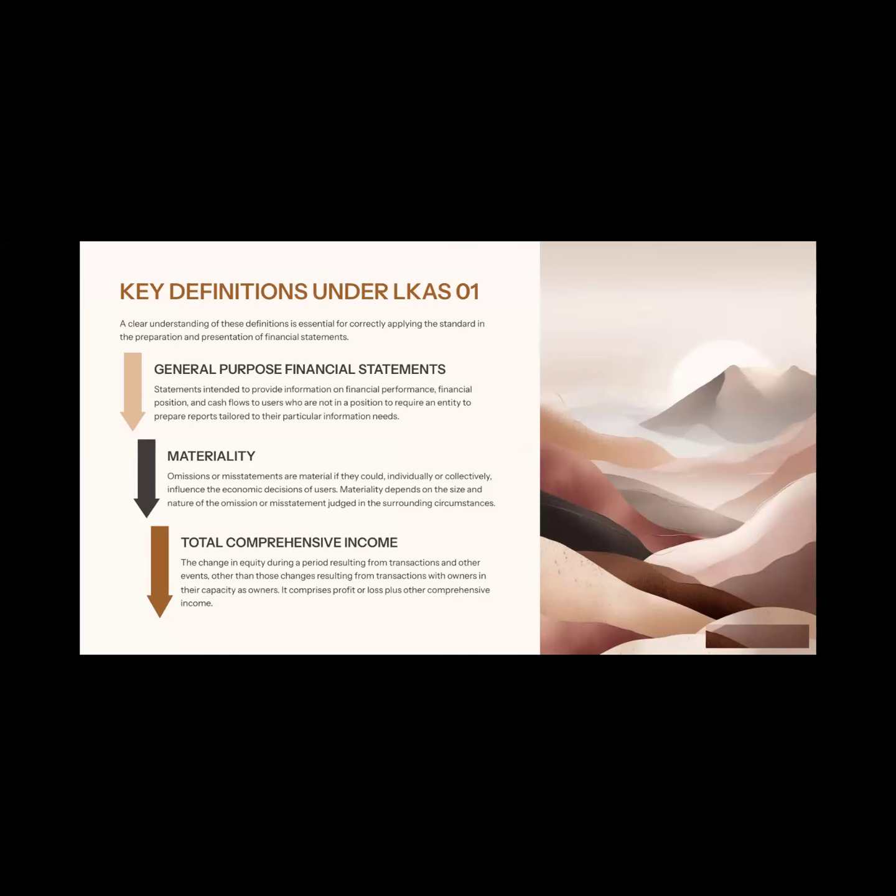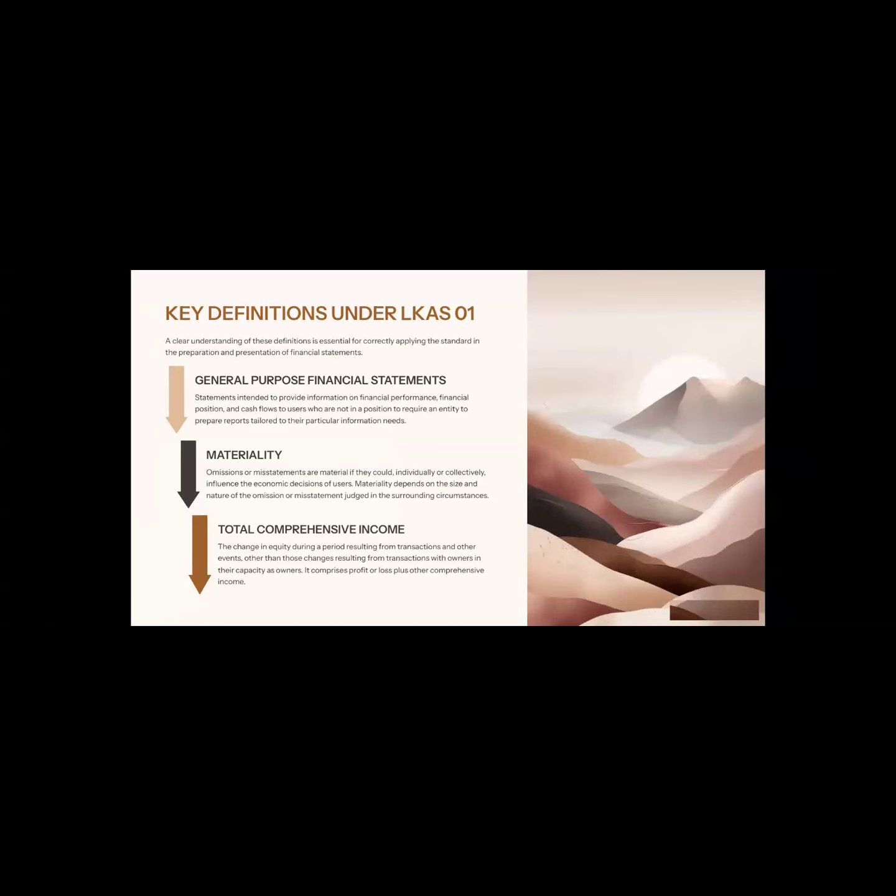Again, to evaluate financial performance, what financial statement are we preparing? To evaluate the financial performance, we prepare the P&L, the profit or loss account. To evaluate the financial position, we prepare the balance sheet. We prepare the cash flow statement to recognize cash inflows and cash outflows.